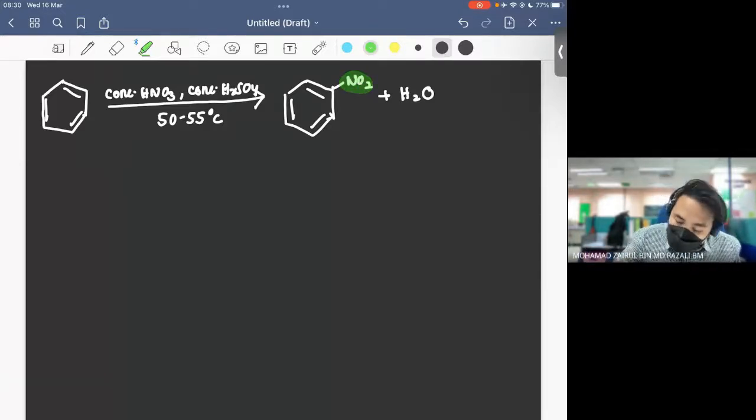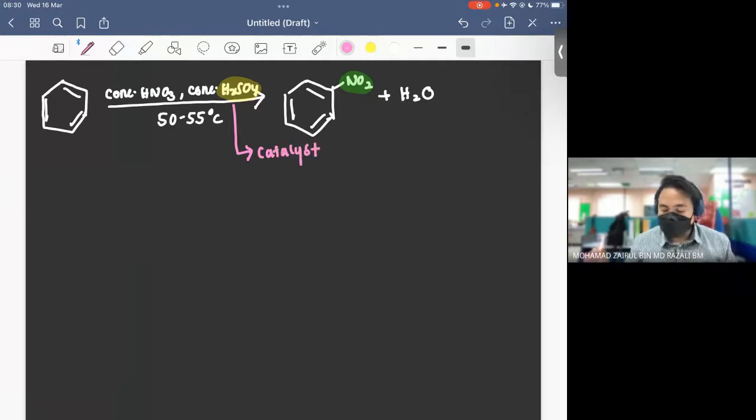Okay. So sekarang ini H2SO4 ni dia ada 2 purpose. So the first purpose of H2SO4 ini dia akan act as a catalyst. Kalau dia act as a catalyst, that means at the end of the reaction, dia akan regenerate balik.